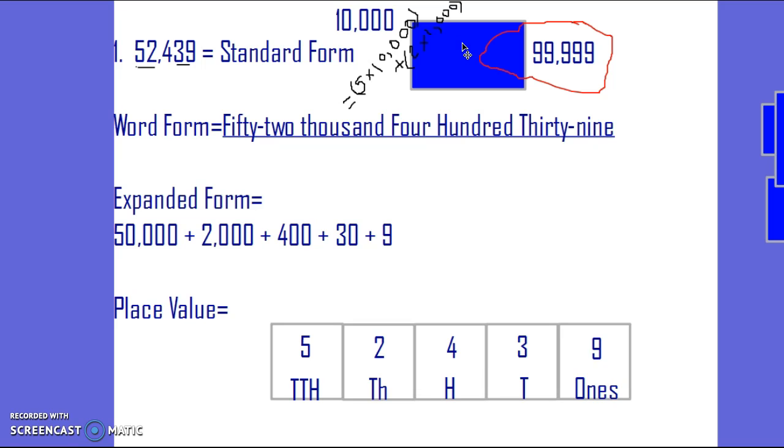So I'm going to cover up the number 2. 99,999, okay? And on a piece of paper, I would want you to try it in word form, in expanded form, and in place value, and see how you do trying it on your own. If you do that, you can also bring it into class and show me, and we can go over that together.